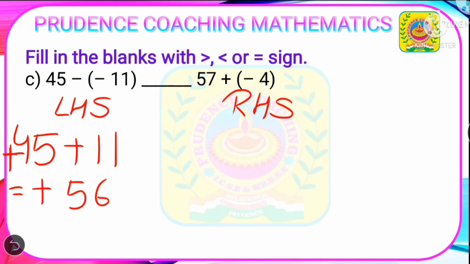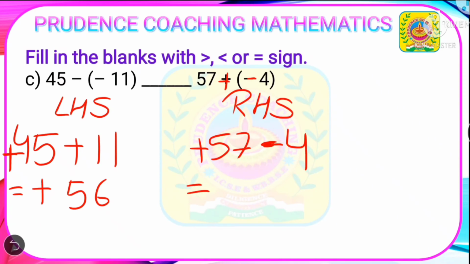Now right hand side, 57. As you can see, plus and minus, so plus into minus will be minus, or two different signs are there, so you will place minus here and you will write 4 here. Now as you can see, plus 57 and minus 4, that is two different signs, so you need to find out the difference.